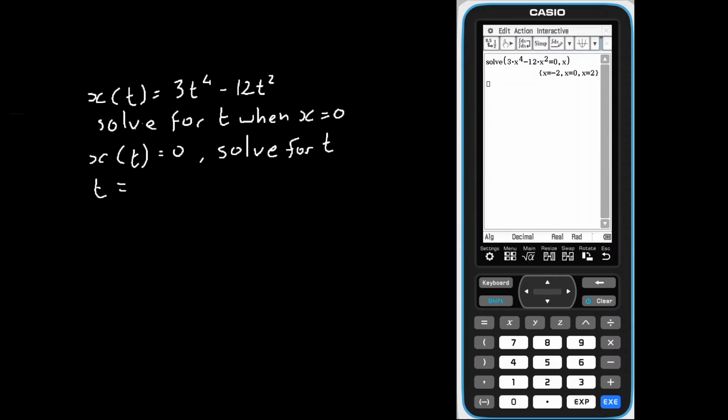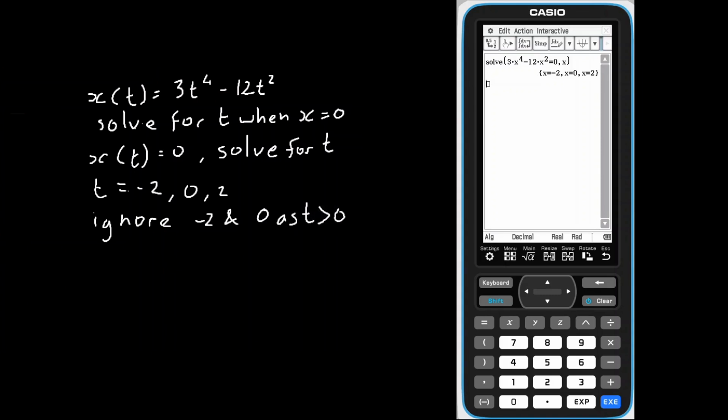I recommend doing it because you've got access to the x variable so quickly. So I just recommend putting it in and then converting it, but just remember to convert it. So t is equal to 2, 0, and -2, and we want to ignore -2 and 0 as t must be greater than 0.